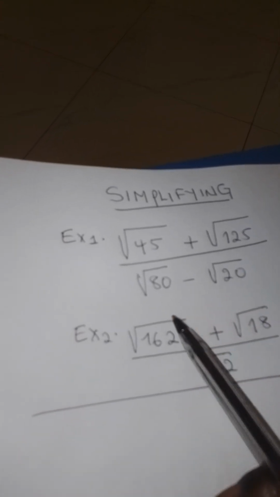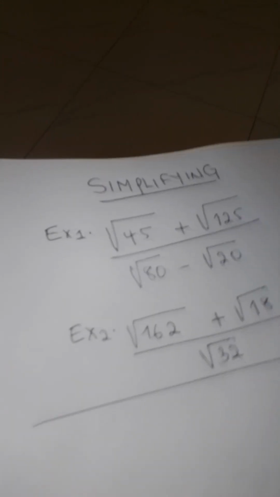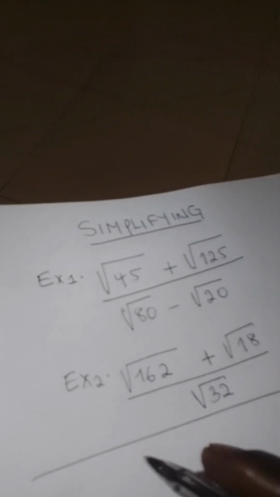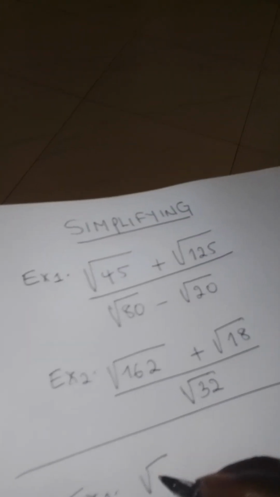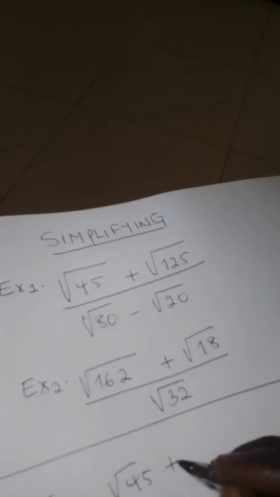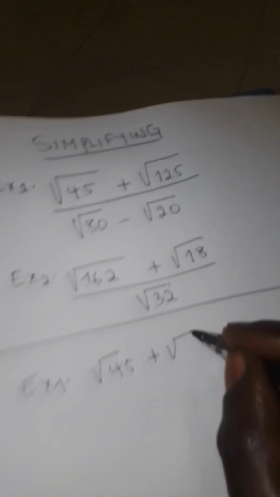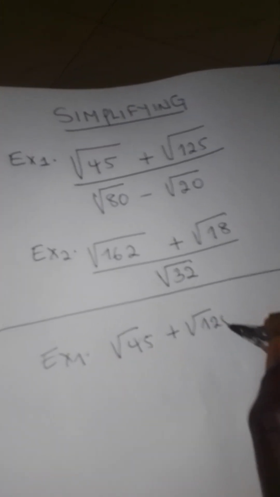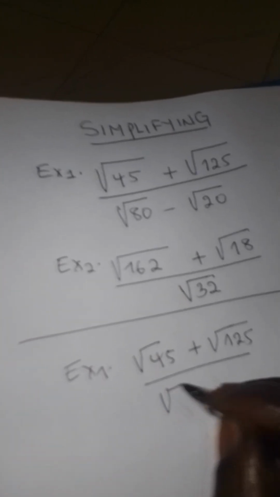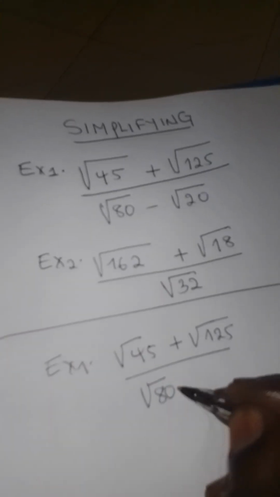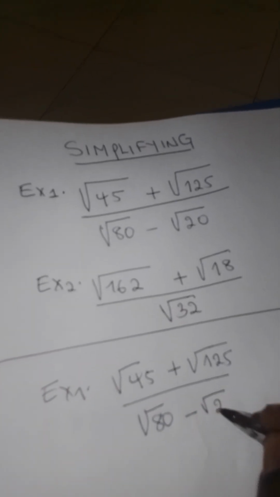Let's do example number 1. Example number 1: root 45 plus root 125, all over root 80 minus root 20.